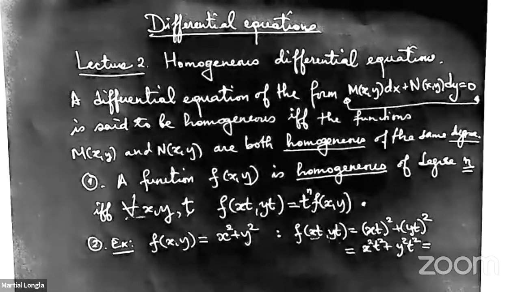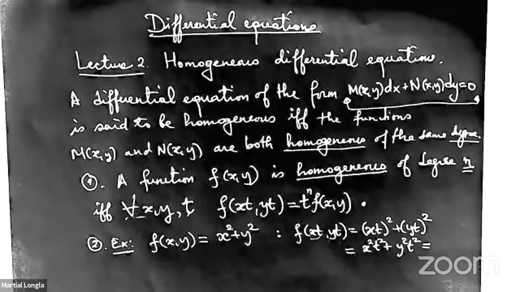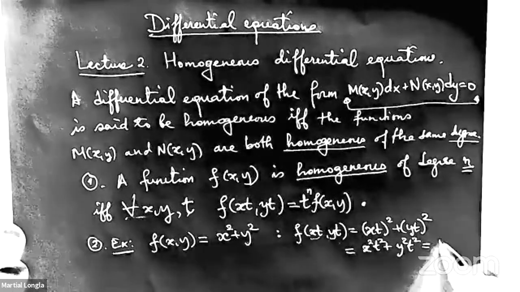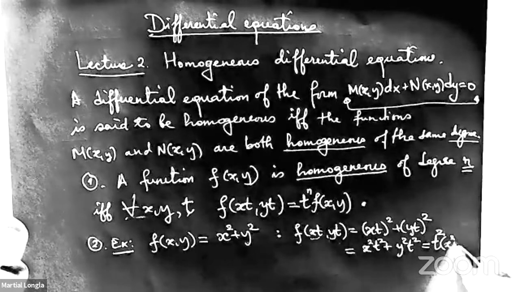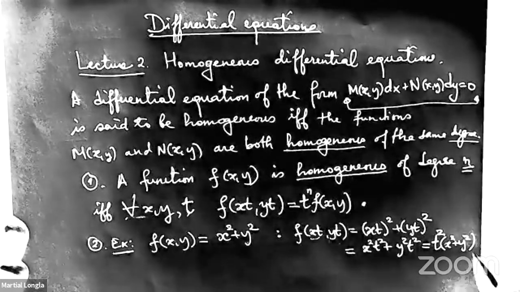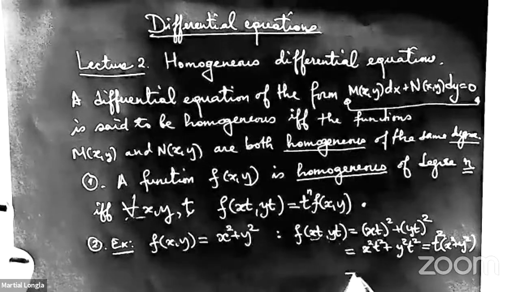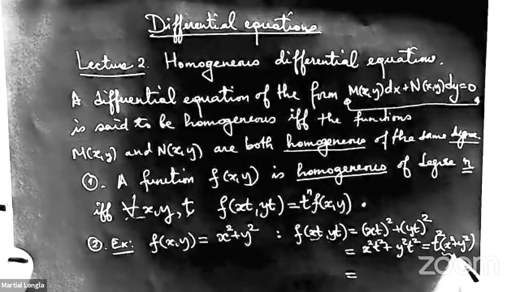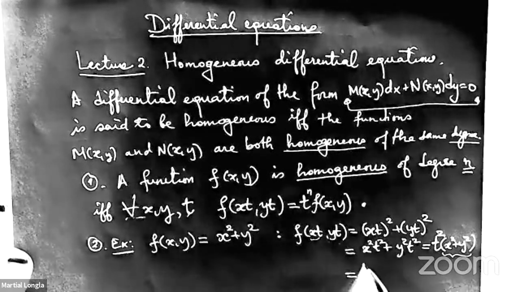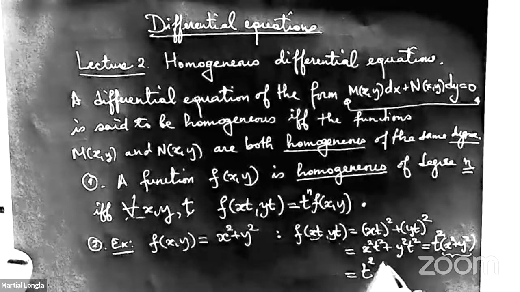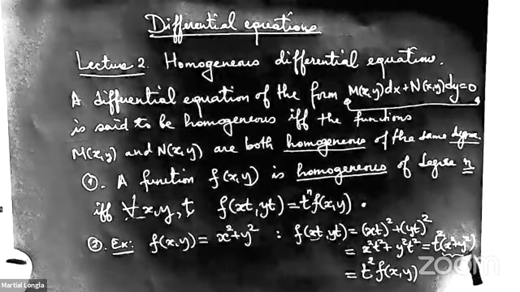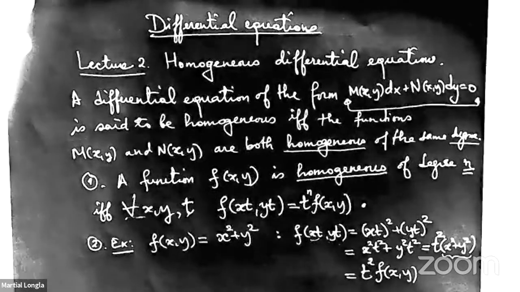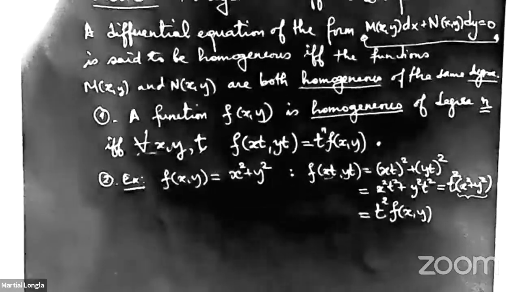You can see that there is a common factor, t², so you can factor out t², and what is left is x² + y². But now you can see that this x² + y² is exactly the value of the function at (x,y). So that's t² times f(x,y).